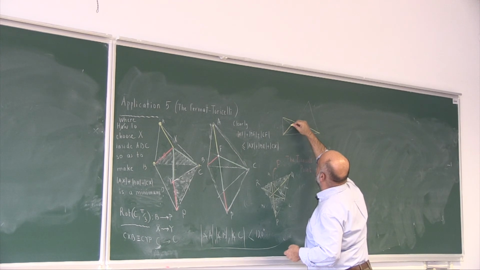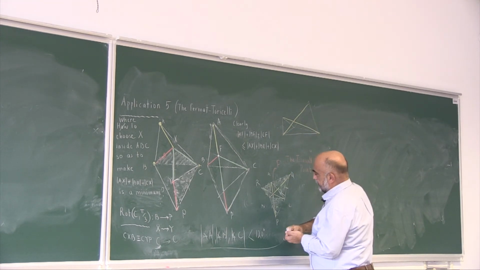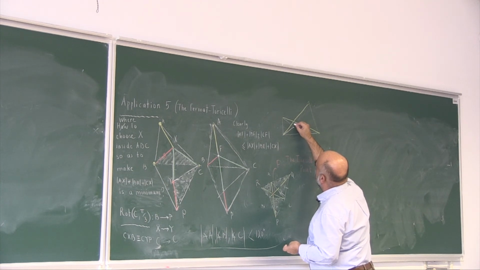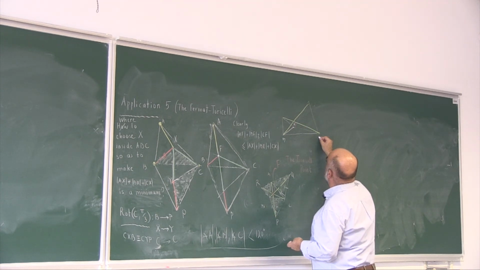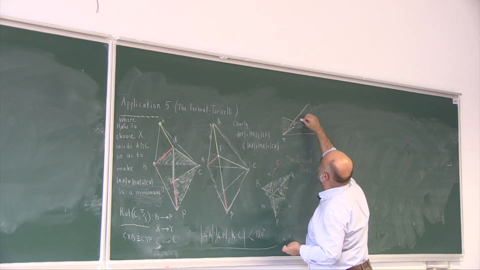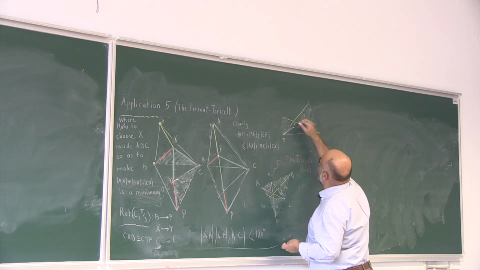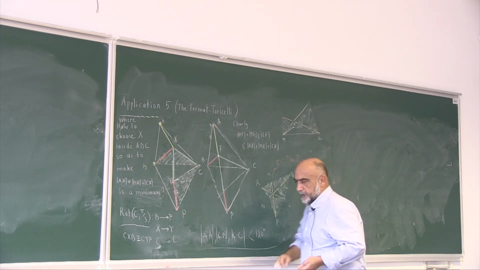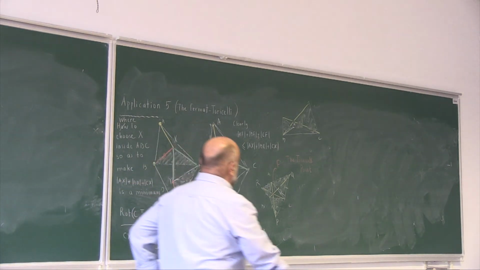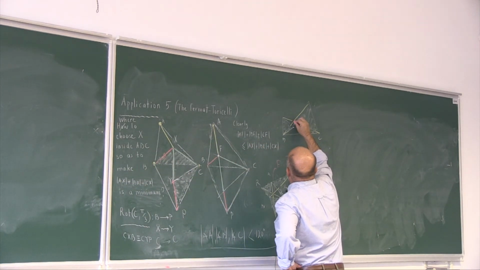And this is quite obviously not wanted. That's ABC. This is your equilateral triangle. This is your equilateral triangle. And your Fermat point is, well, I need a little color. So your Torricelli point lies outside the triangle.